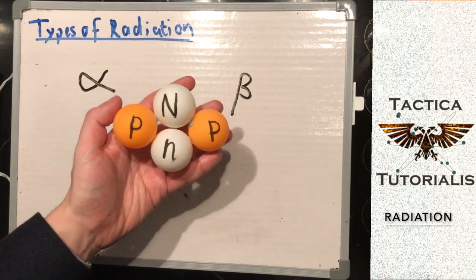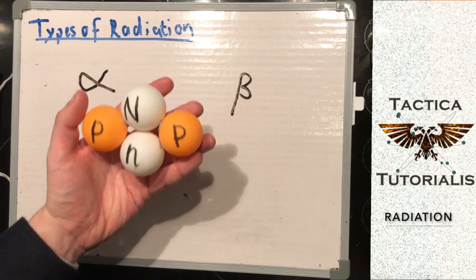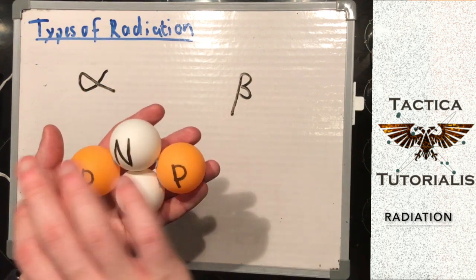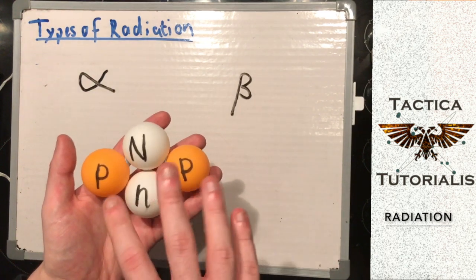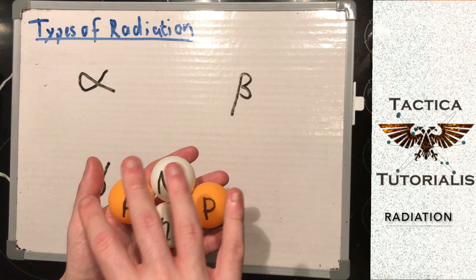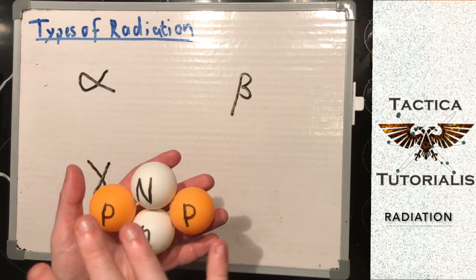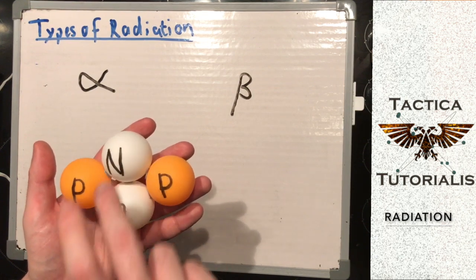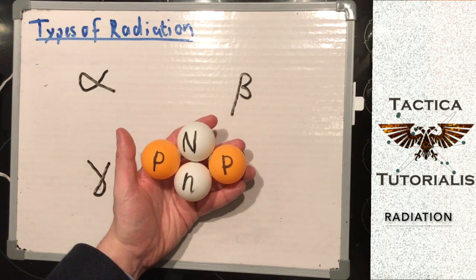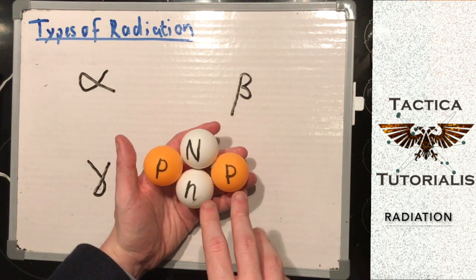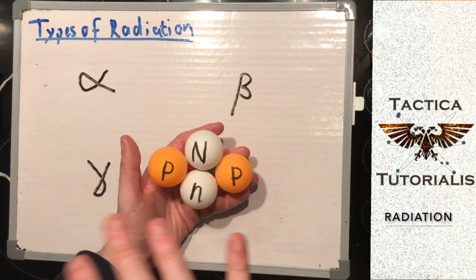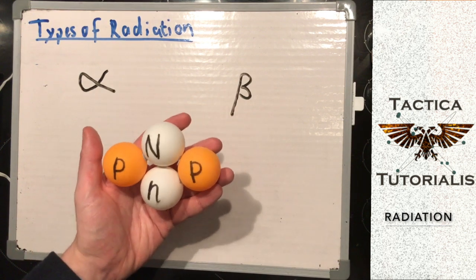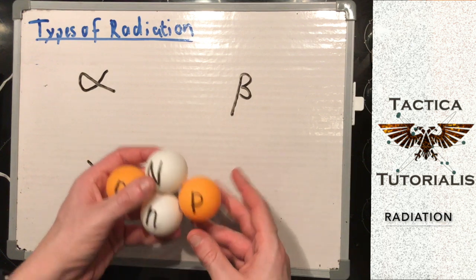What this is, is 2 protons and 2 neutrons stuck together, not quite as rigidly as this because atoms are not stuck together with blue tack, to form a helium nucleus, if you will. Because you've got 2 protons and 2 neutrons, it's basically the same as helium-4, which if you look at the periodic table, has an atomic number of 2, mass number of 4. That is helium-4, and that is what an alpha particle is made of.